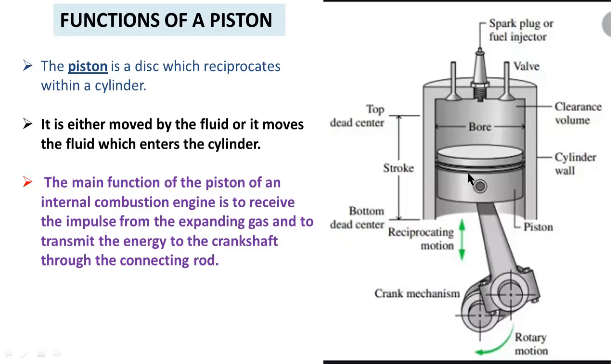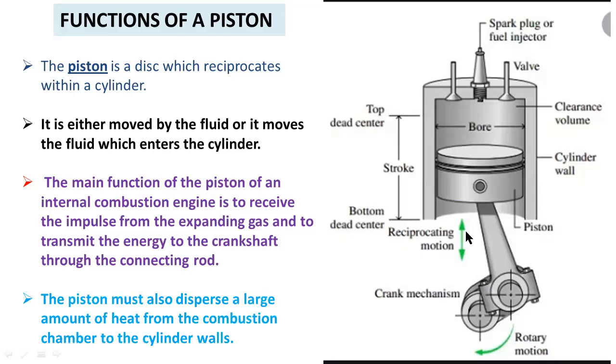This is a piston. This is a piston pin. The main function of this piston is to receive the impulse from expanding gases and to transmit the energy to the crankshaft through a connecting rod.